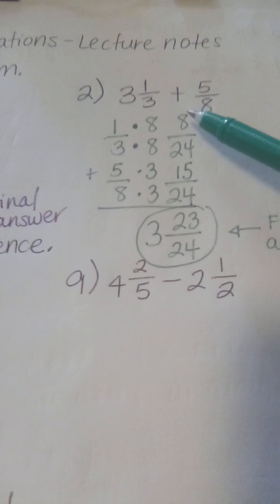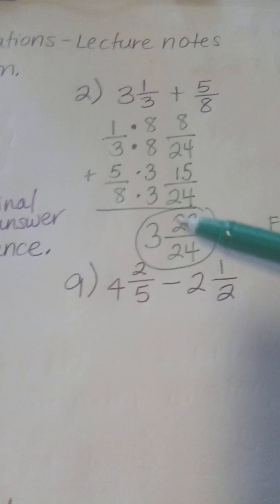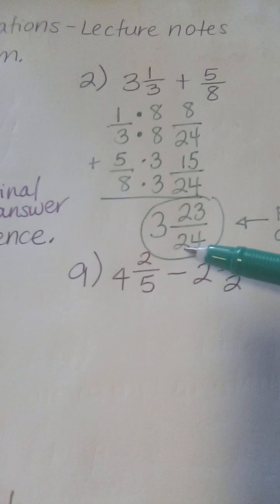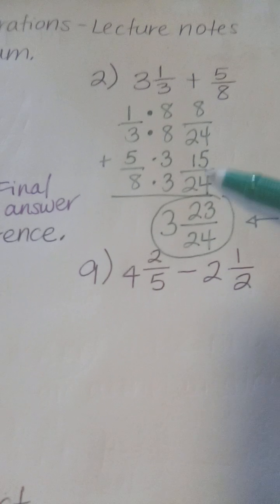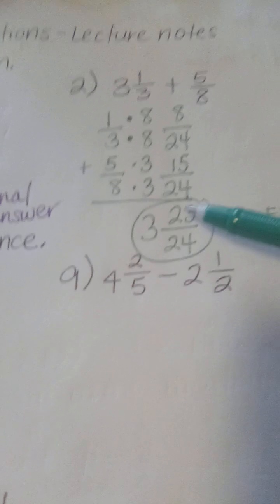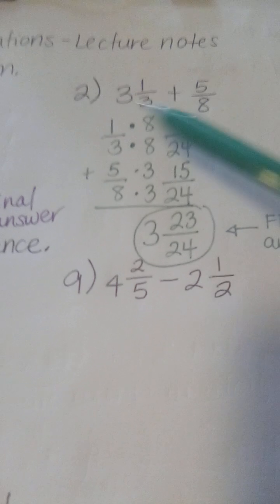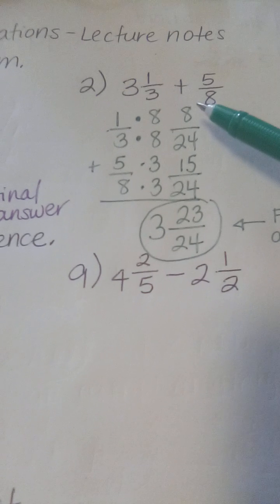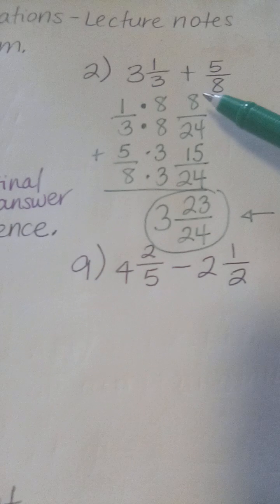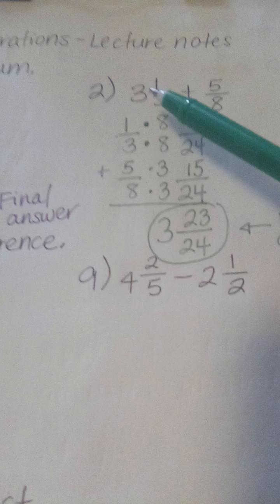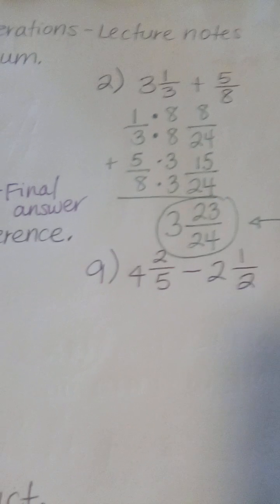Then once you have everything ready, you take the denominator, which is 24, and add the numerators together, which gives us 23. 8 plus 15 is 23. And in this scenario, you find that the second fraction has no whole number. So automatically, the number will be 3. And that is our final answer.